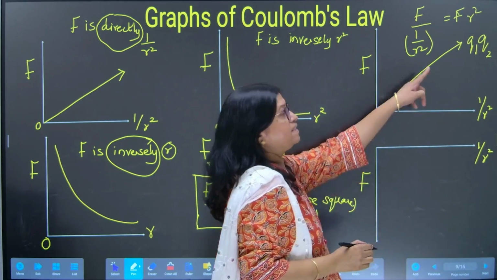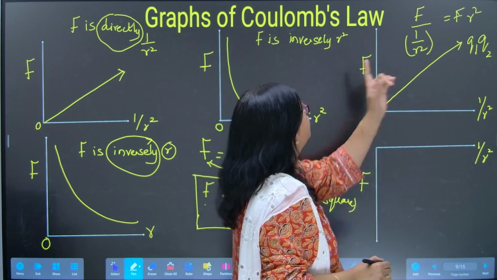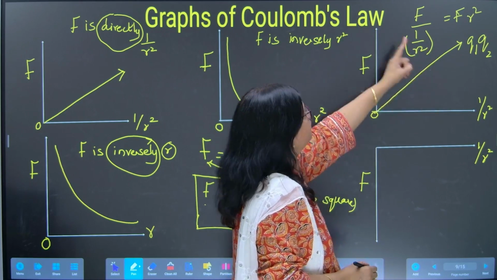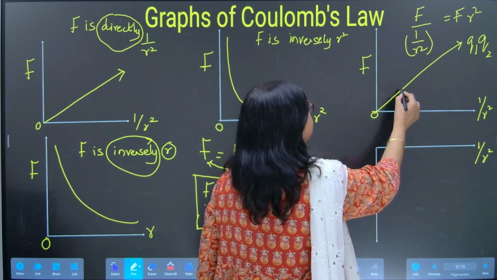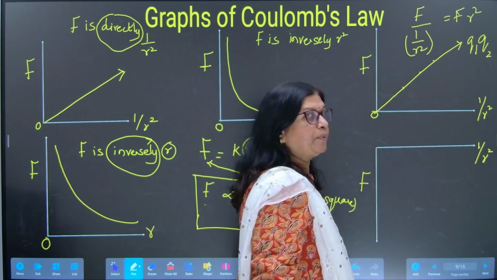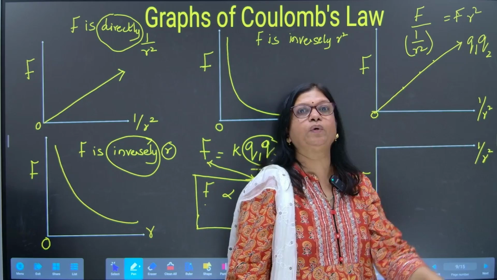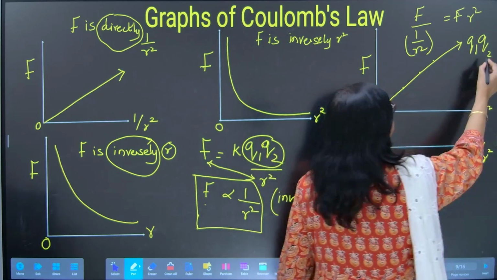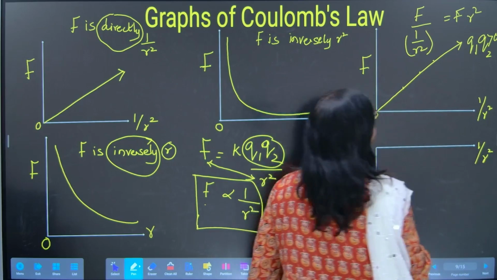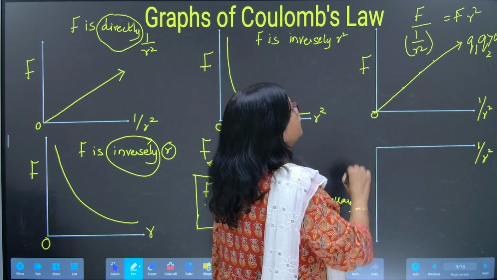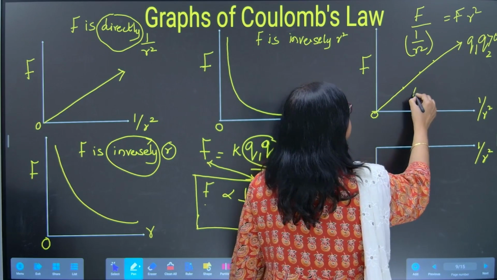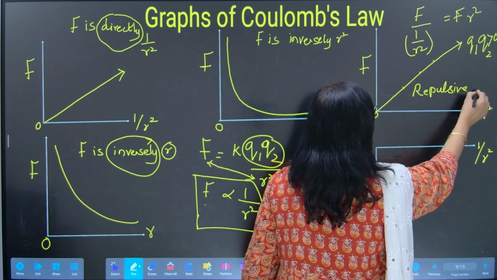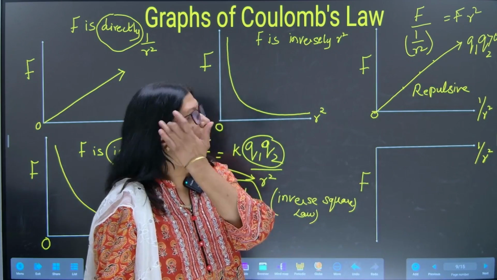Now, as I said in the previous section, the graph is in the positive quadrant. It means every point here is positive. That means q1 and q2 both are positive. The value of q1 q2 is greater than 0 and the force is repulsive. Agreed?